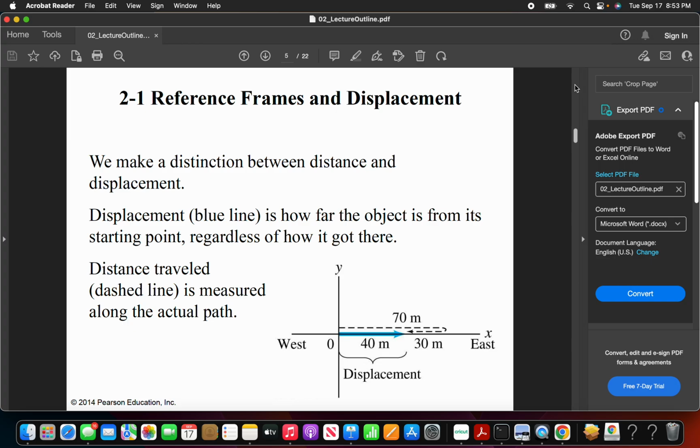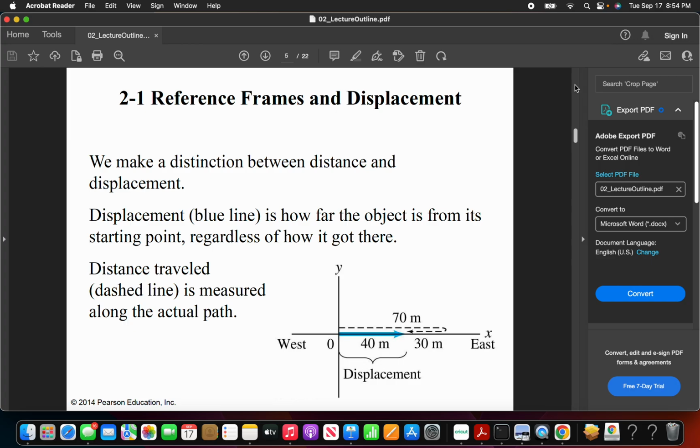So the difference there is the person's displacement is 0, right? Because they ended up in the same spot that they started from, right? The distance is not 0, obviously, because they had to cover some distance to get around the track. So that's the difference between displacement and distance, okay?